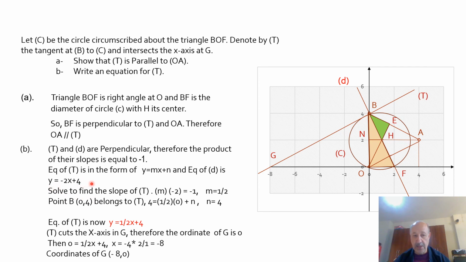We proved it earlier. Solve to find the slope of T. The product of the slope m and the slope of the other equation, -2, is equal to -1, so the slope is m equals half.